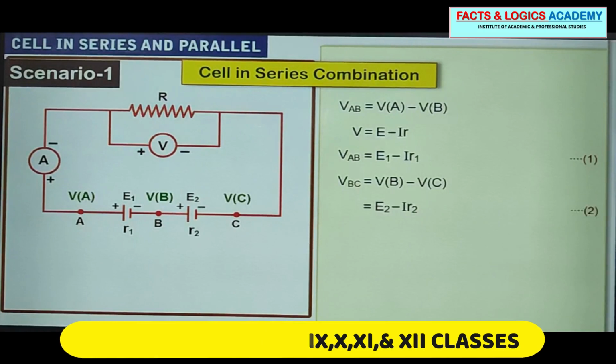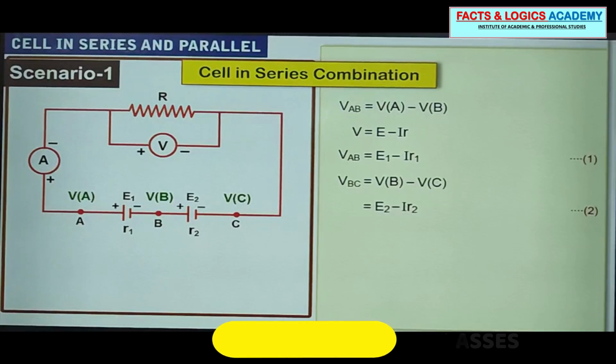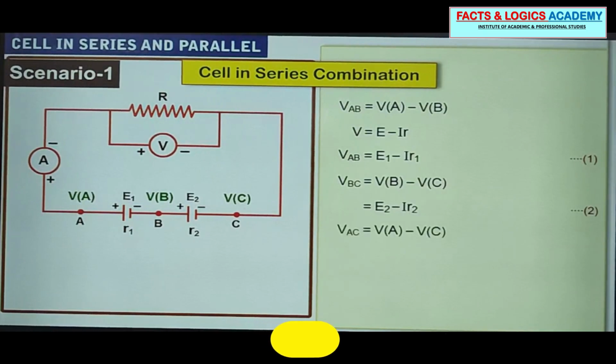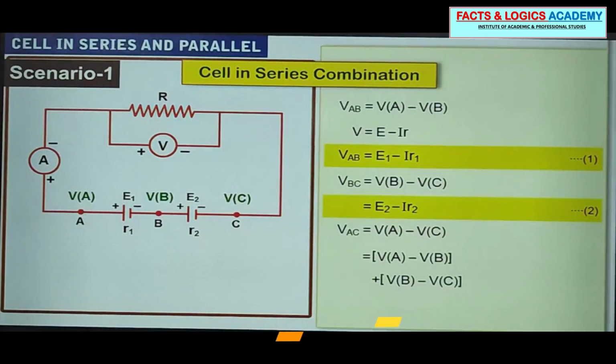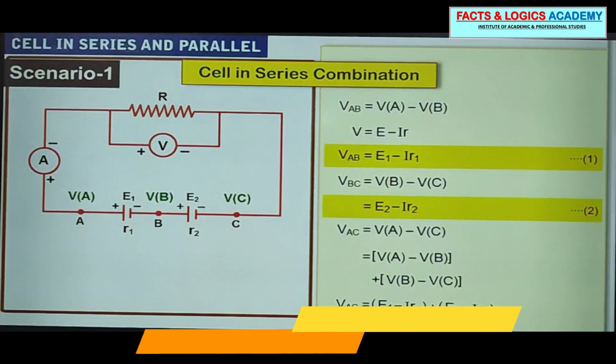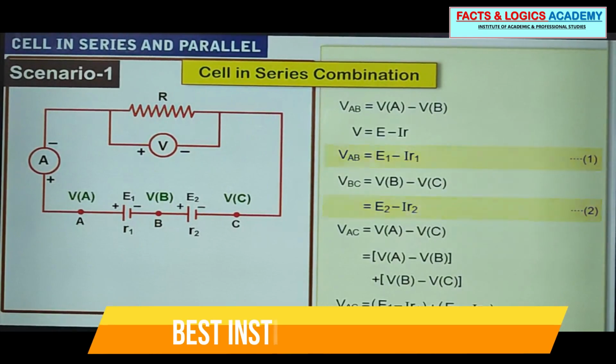Let us label it as equation 2. We can now write the potential difference between the terminals A and C of the combination of cells as VAC is equal to VA minus VC, which is equal to VA minus VB plus VB minus VC. Substituting from equations 1 and 2, we have VAC is equal to E1 minus I into R1 plus E2 minus I into R2.